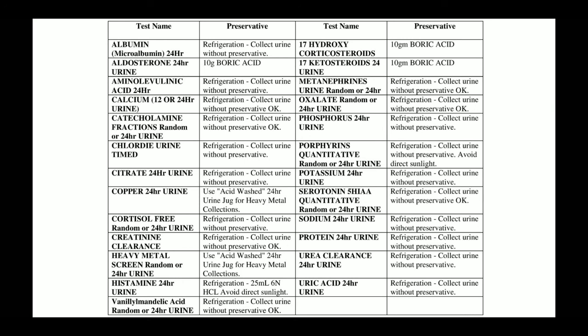So for urinary albumin we have to collect a 24 hour urine sample, and for preservation only refrigeration, no preservative is needed. Now second, aldosterone. For aldosterone a 24 hour urine sample is collected and the preservative used is boric acid. So you can pause the video and watch all these test names and all these preservatives.